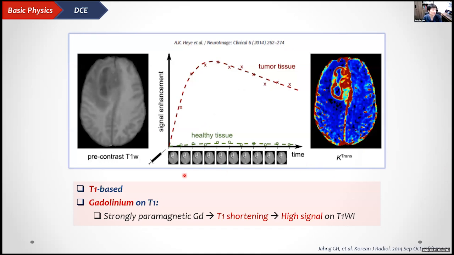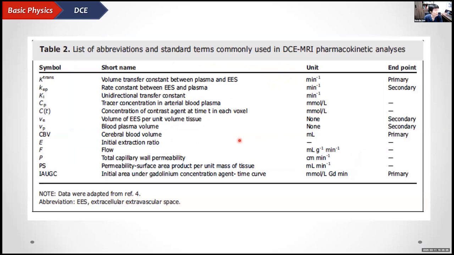Next, moving on to DCE, it's a T1-based technique where you also use the strongly paramagnetic gadolinium agent, but this time it causes T1 shortening, as you all know, which induces a high signal intensity on T1 weighted imaging as shown here. So you can see the dramatic contrast between the tumor tissue and the healthy tissue. From DCE, you can derive many quantitative and semi-quantitative parameters as shown in the table.